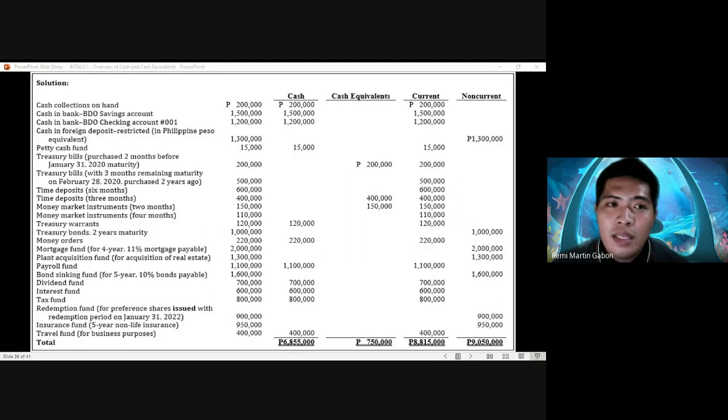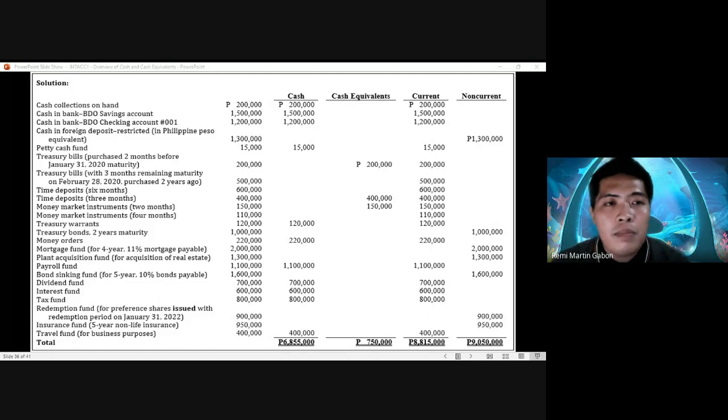Yung problema natin, yung time deposits na 6 months. Okay? 6 months. Ano yung exception sa cash equivalents? Sabi doon ng PIC, kapag for short-term cash commitment siya, tapos subject to insignificant changes in value, and as long as proven na cash equivalent talaga siya, we consider as part of cash equivalent yung time deposit, yung item ng time deposit or other investment.